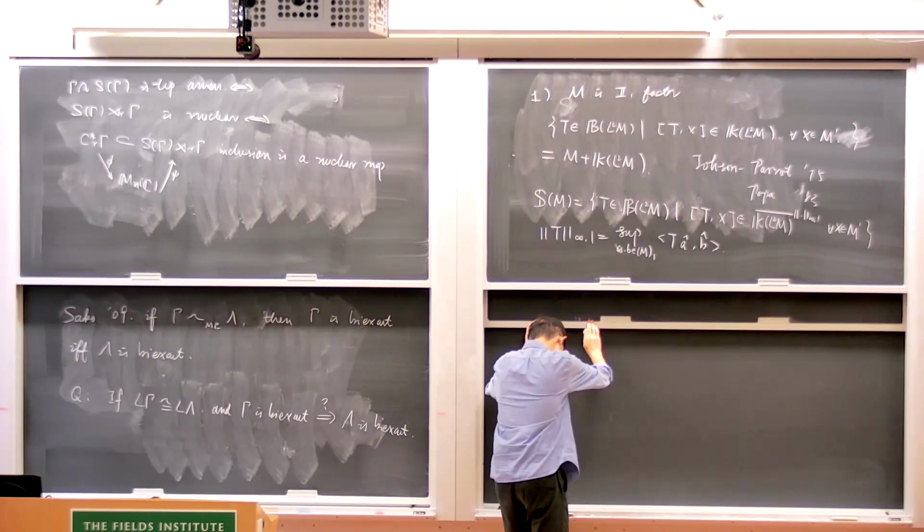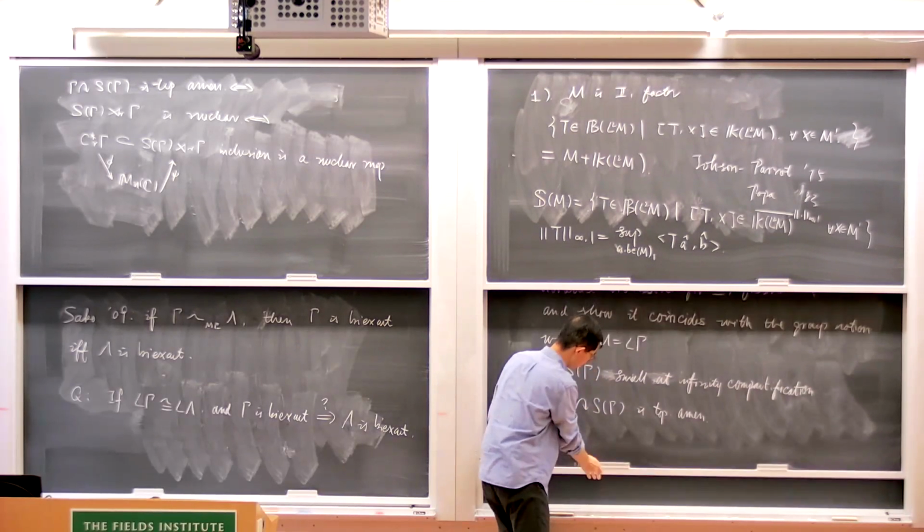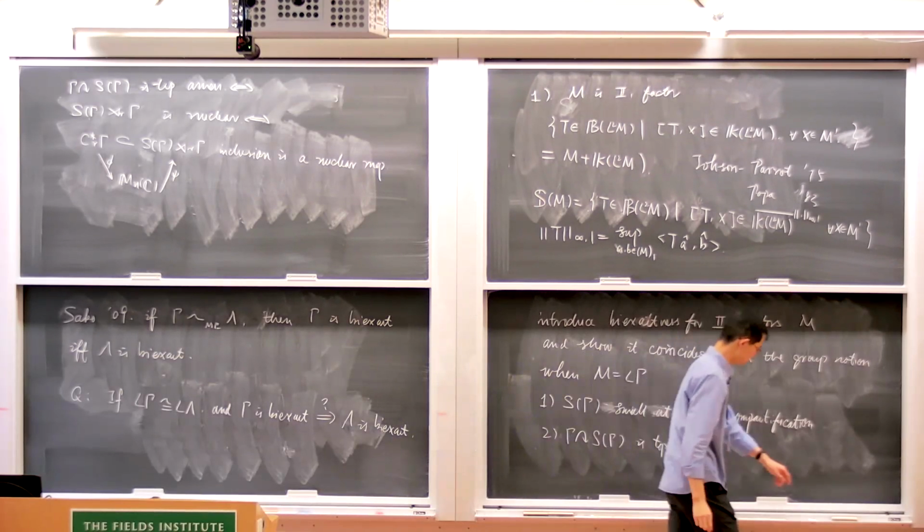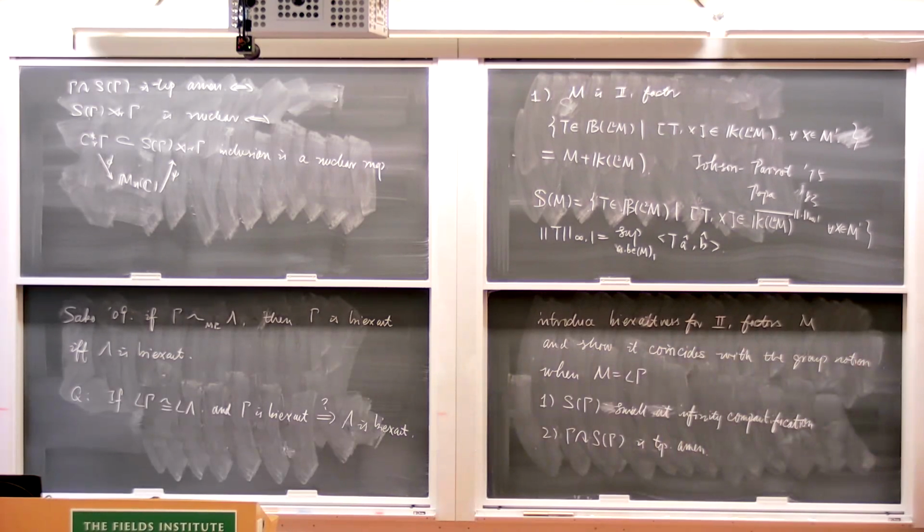So why does this help? There are several considerations for taking this closure. The one consideration is that if we just take the compacts, then there's nothing to look at because it's trivial.